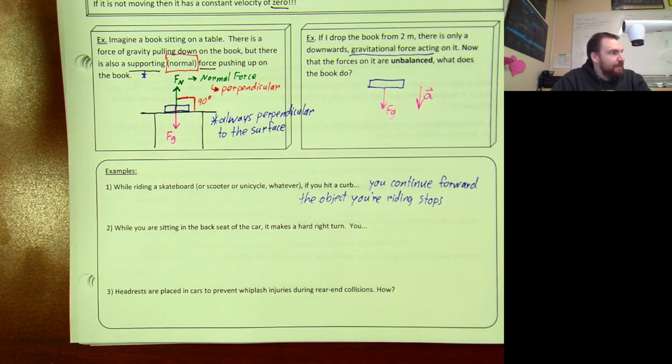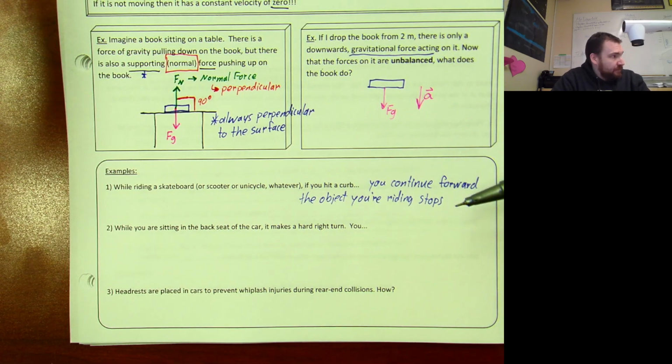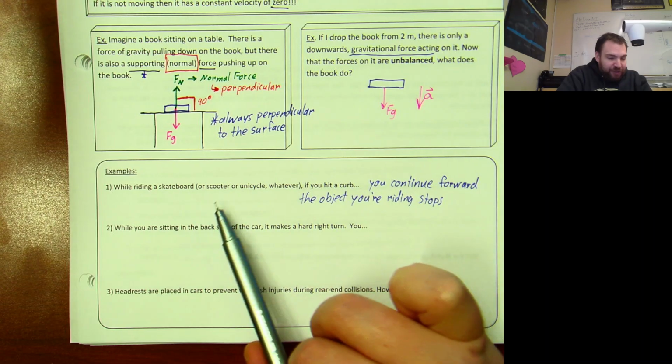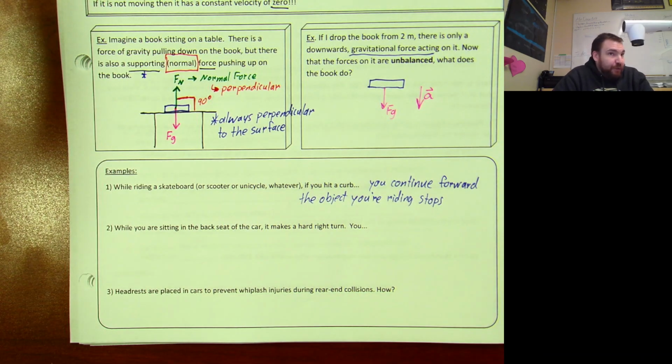Why does the object stop? It experienced a... It's not the normal force, it's whatever force the curb applies. So the curb has applied a force, so the object stops. You haven't experienced a force on a skateboard, a scooter, or a unicycle because there's nothing in front of you to provide a force on you. So you keep going.